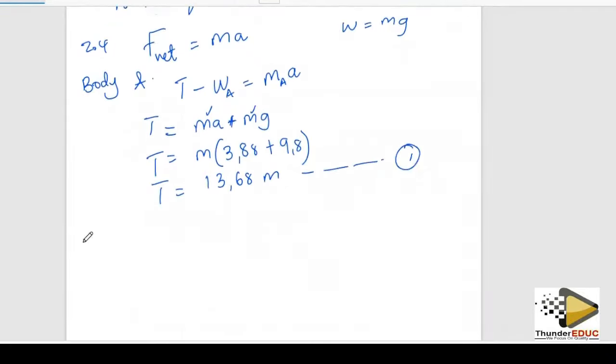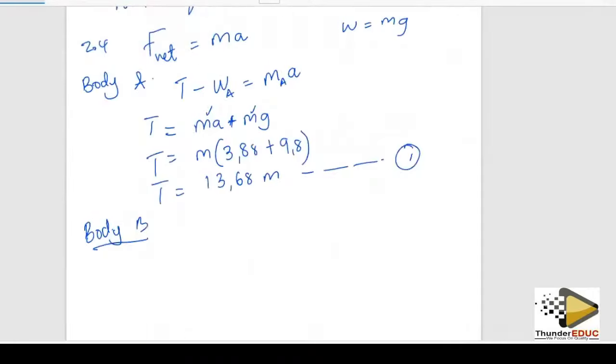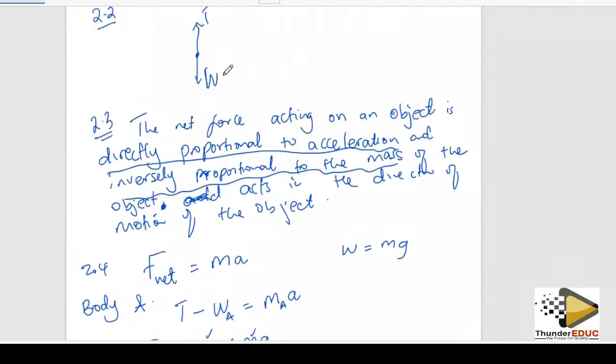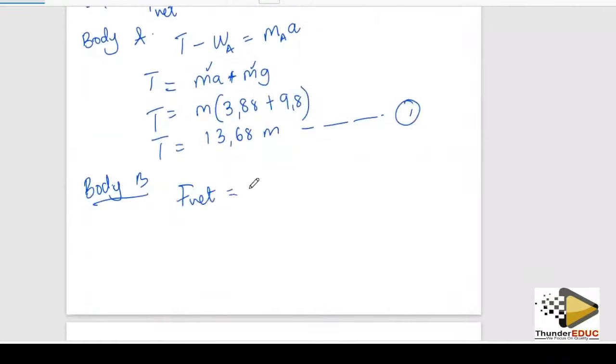Okay, and then when I look at body B, remember we said the weight from the free body diagram that we drew. The weight is moving downwards, which means the weight has to be a bit greater. So we're saying F net is equal to MA. So we're saying the weight minus the tension must give us the mass and the acceleration. And so the weight of B, remember our mass for B was 7,5 times 9,8. From the definition of weight, mass and the gravitational force.